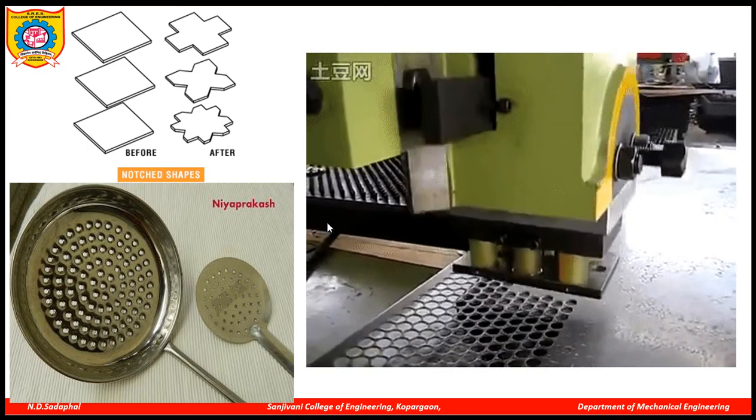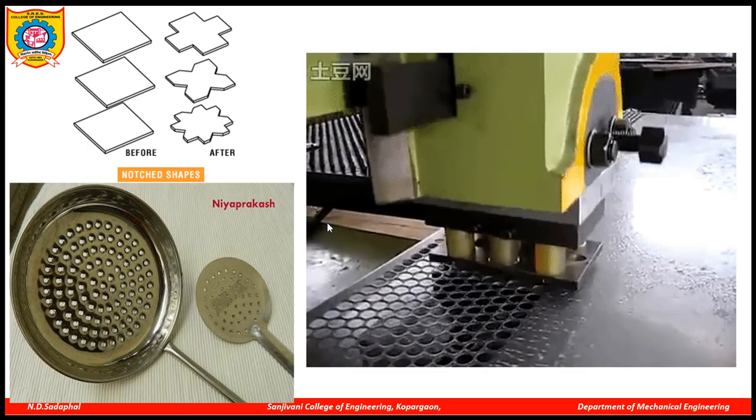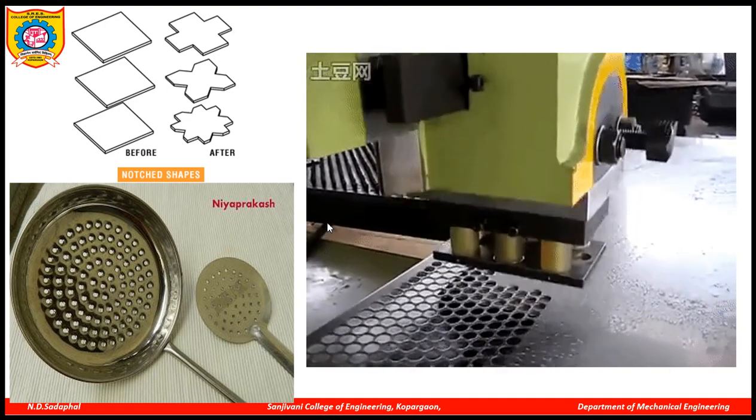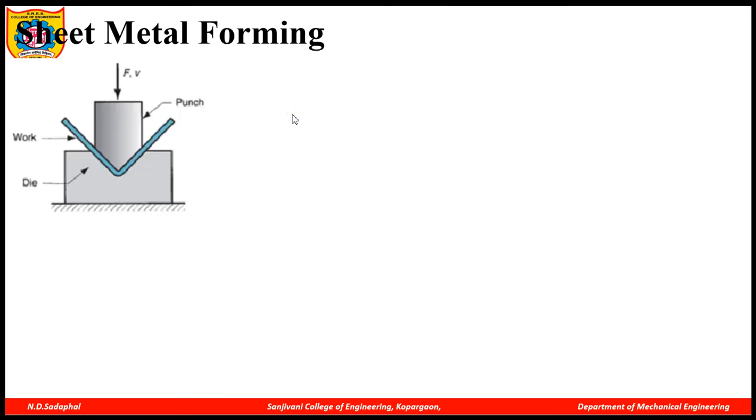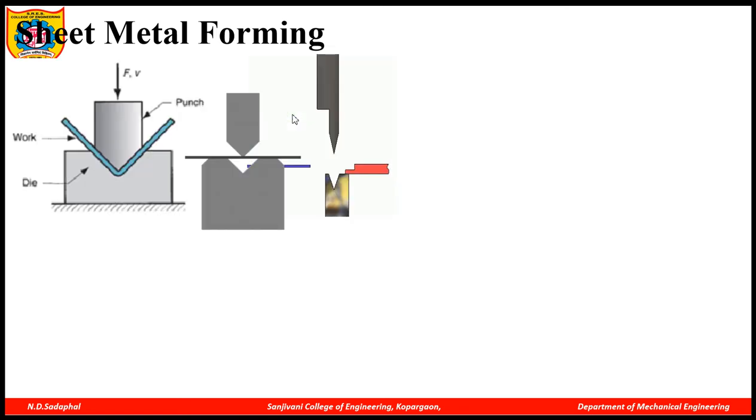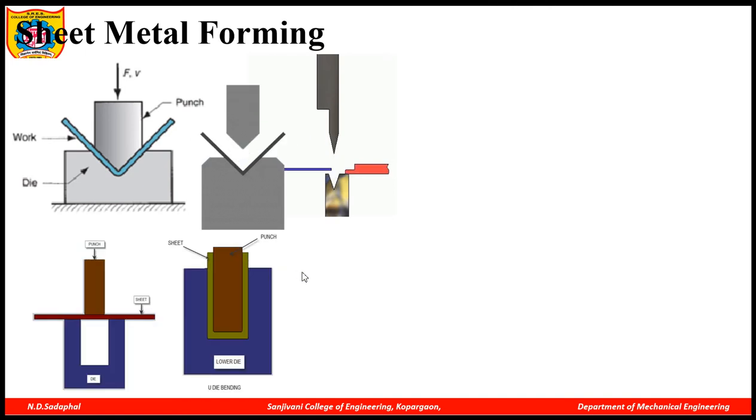In metal cutting there is some waste, but in metal forming there is no wastage. Only by application of force a workpiece is deformed into the required shape, so nothing is removed from the workpiece.